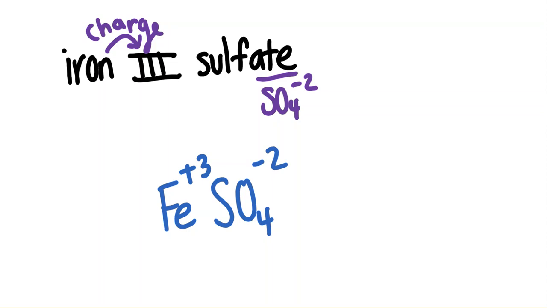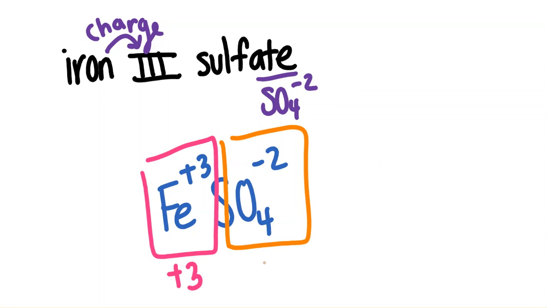And then when I go to figure out these subscripts, I'm going to look at this, and this has +3, and this whole charge is -2. And it doesn't at first seem obvious what to do to get this neutral overall, because we can't just multiply one of these by a number and get it to work out.